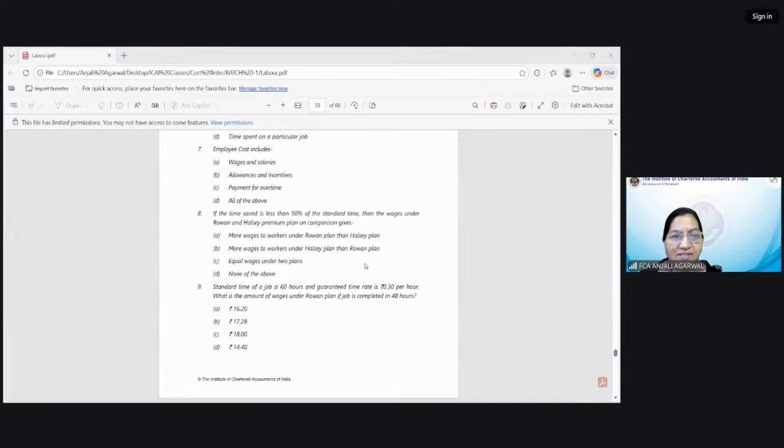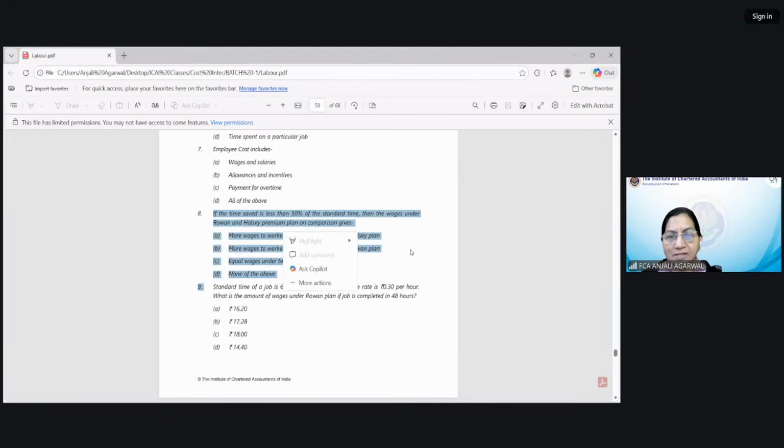You can always, if you have this type of question, do a quick calculation. Assume 10 hours to be the standard hours, actual hours 8, and hourly rate 100. So Halsey will get how much? 200, 50% of 200, 100. Whereas in Rowan, what would be the bonus? We're talking about only the bonus, right? Or the total wages.